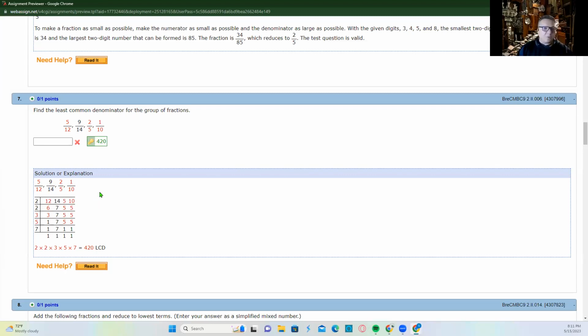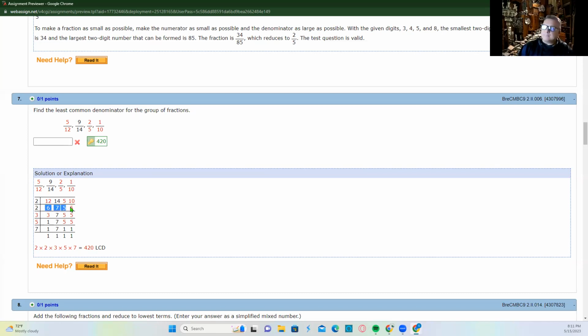It's easier just to start with the lowest prime number, which is going to be 2, and divide what can go into each one of these evenly. So 2 can go into 12 evenly, becomes 6. 2 can go into 14, becomes 7. 2 does not go into 5 evenly, so we bring the 5 down. 2 goes into 10 evenly, becomes 5.